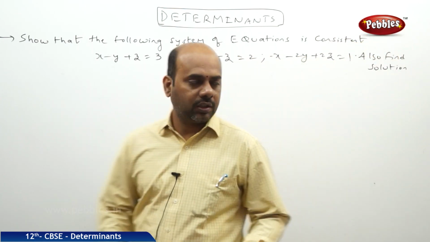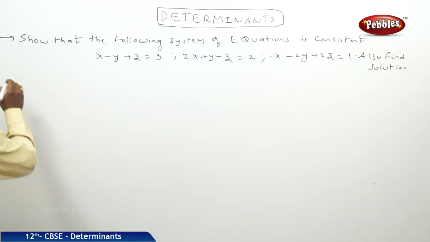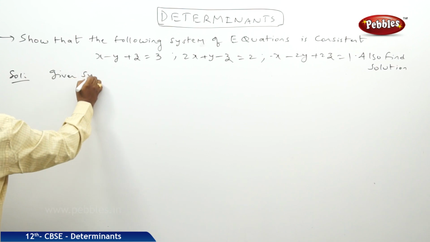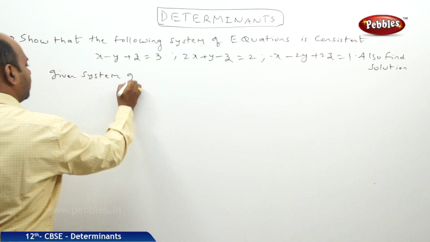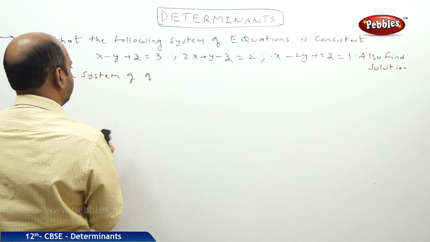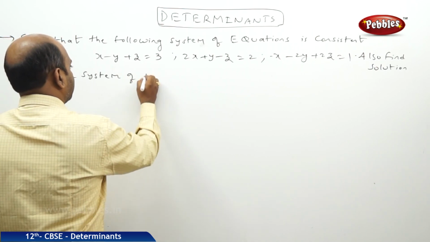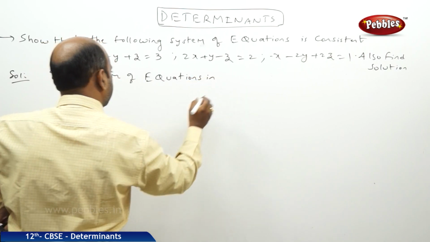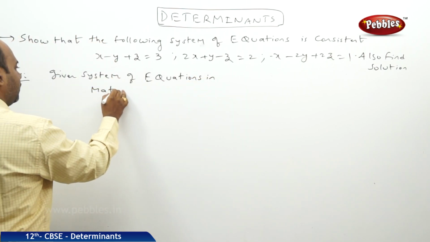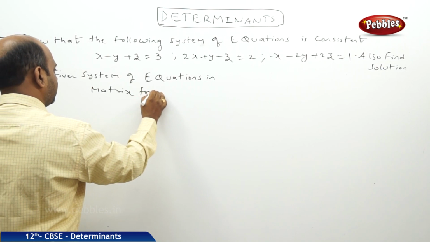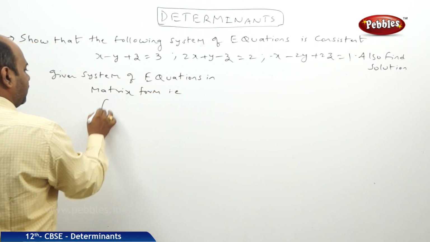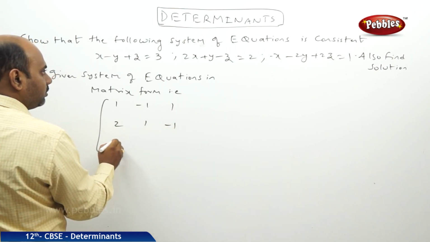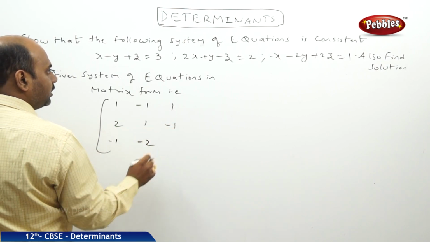So when coming to this particular problem, the given system of equations in matrix form is: 1 minus 1 1, 2 1 minus 1, minus 1 minus 2 2.